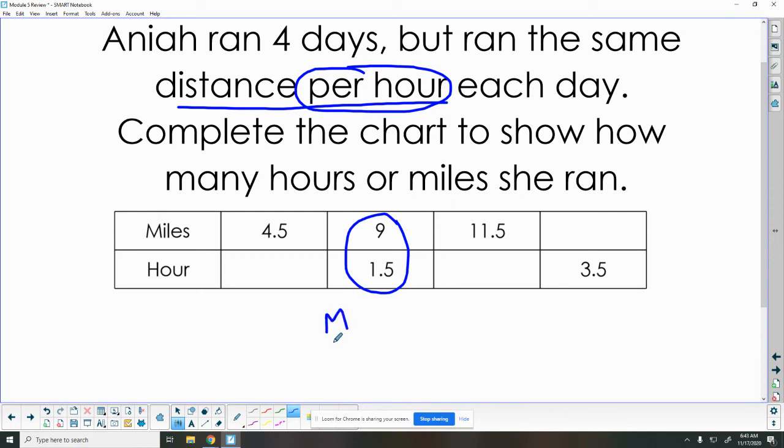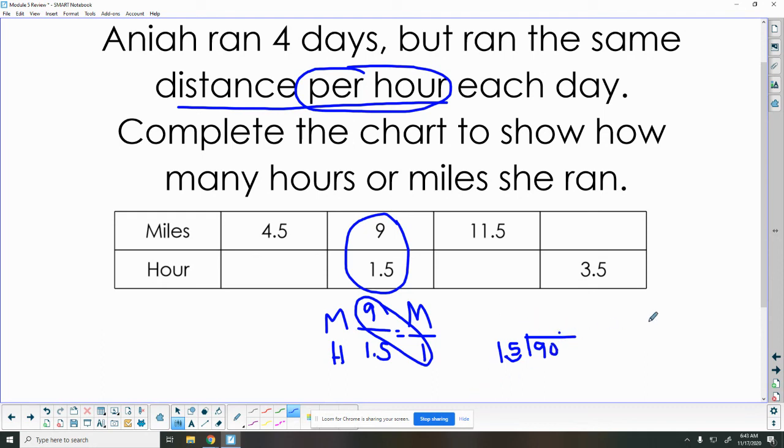So miles and hours. I know she did 9 miles in 1.5 hours, but I want to know how many miles she did in 1 hour. So 9 times 1, and then we're going to divide by 1.5. We're going to move that decimal, move that decimal.